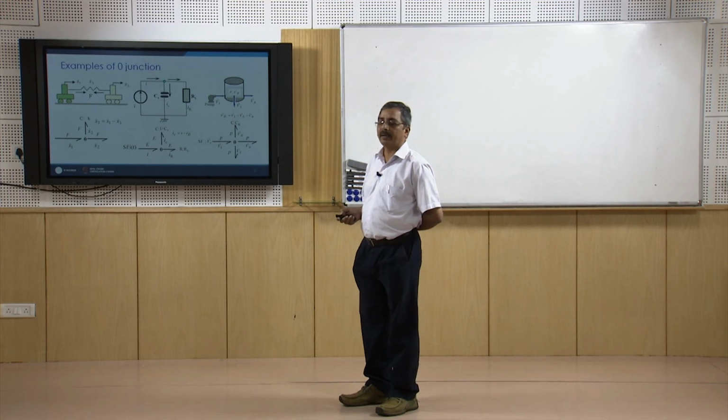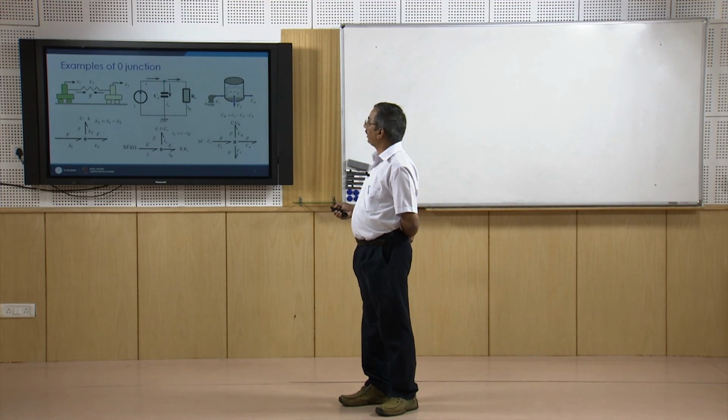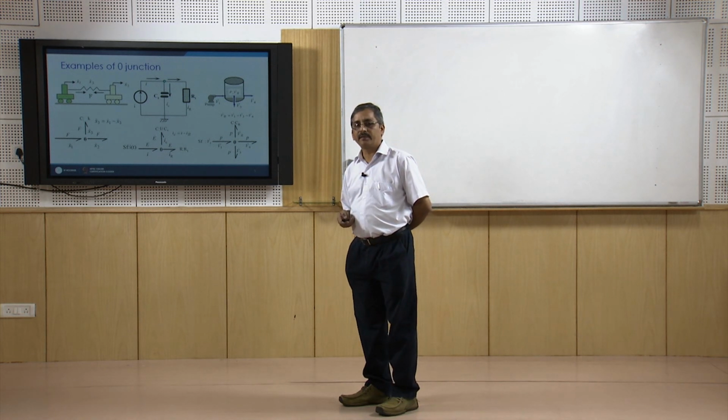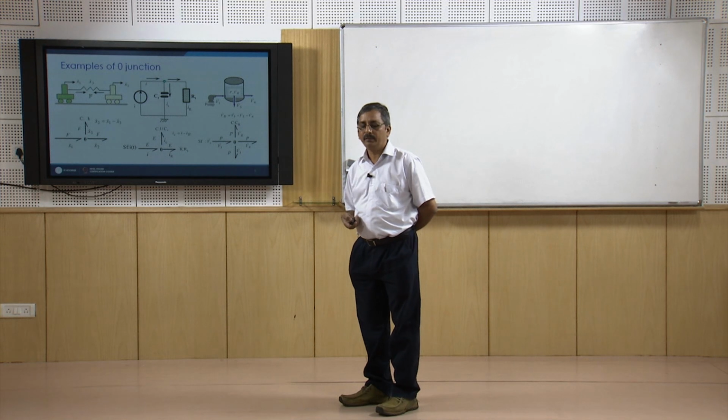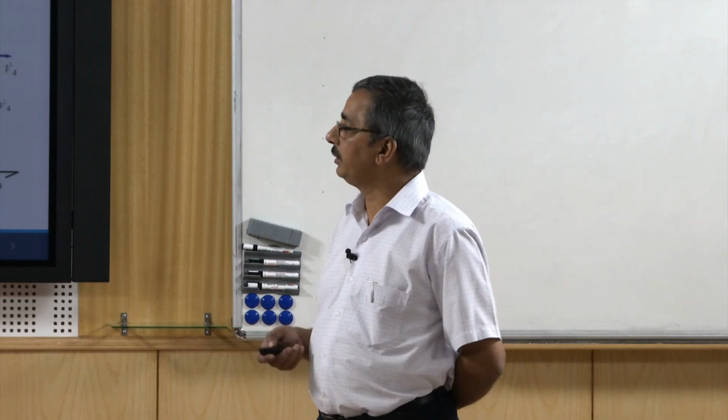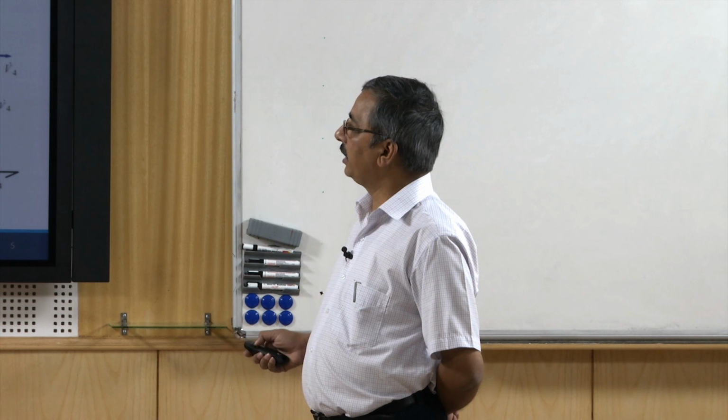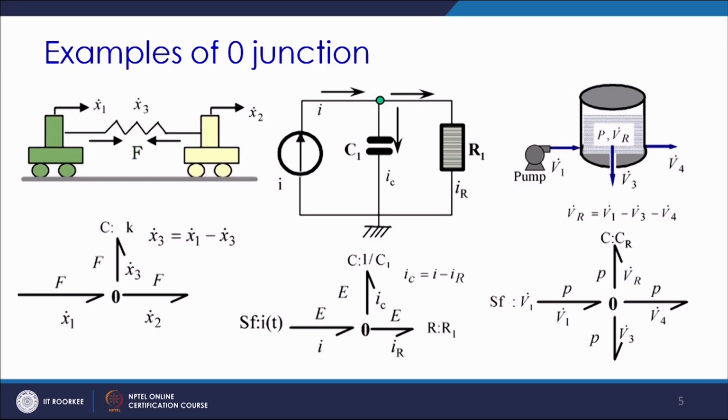There are many examples of zero junction. As I said, we also know it by the name of the constant effort junction. Suppose you have a scenario like this, where there are 2 carts moving with velocities x1 dot and x2 dot, and they are connected by a spring. Naturally this spring will be subjected to the same force.